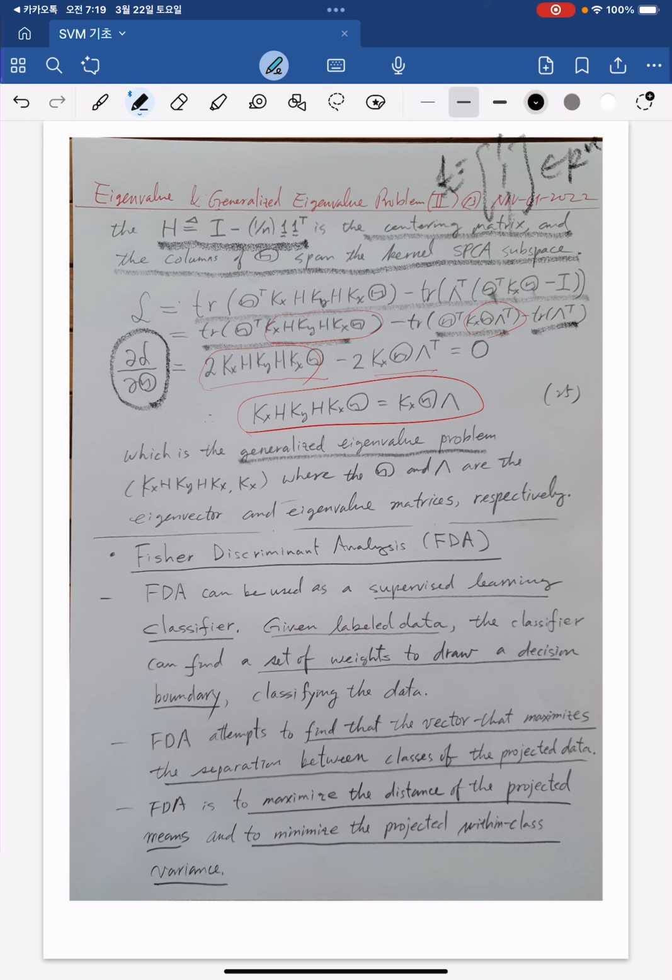Which is a generalized eigenvalue problem, KX H KY H KX 요거하고 KX H KX, where theta and lambda are the eigenvector and eigenvalue matrices respectively.